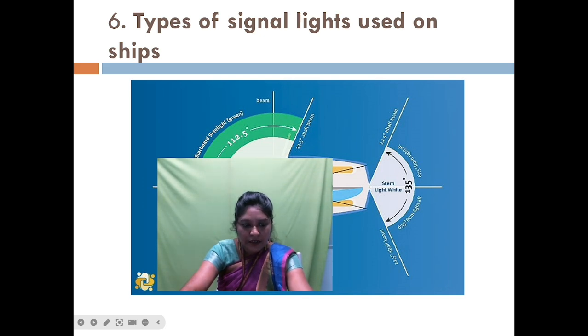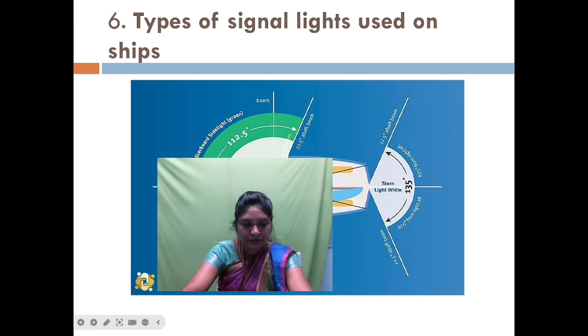The first thing is the masthead light. If the vessel is less than 50 meters in length, then one light is sufficient. These lights are carried one behind the other on the two masts. When the vessel is greater than 50 meters in length, the forward light is lower and the after light is higher.